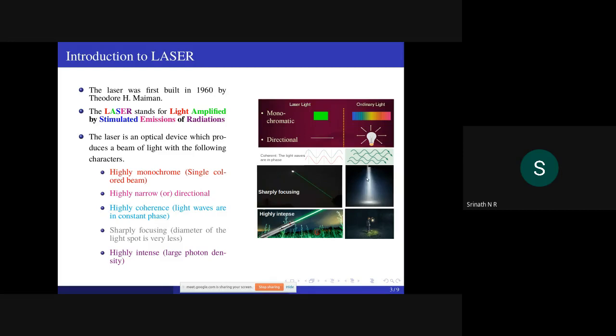In the case of ordinary light, one can see angular divergence, therefore it is not sharply focusing. Whereas finally, the laser is highly intense because the laser is amplified by stimulated emission. The intensity of the laser is very high, that is, the photon density is very high, whereas for ordinary light there is not much intensity.